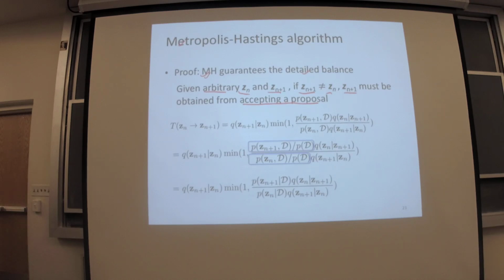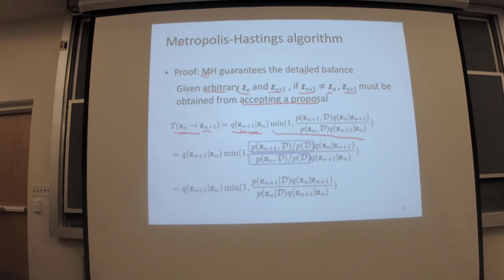The transition probability from Zn to Zn plus 1 is the probability that your proposal distribution generates Zn plus 1 first, and then it is accepted, right? The probability of these two events. First, Zn plus 1 is generated by the proposal distribution. And second, this new proposal is accepted. That's why we need to multiply them together to get the transition kernel, the transition probability.